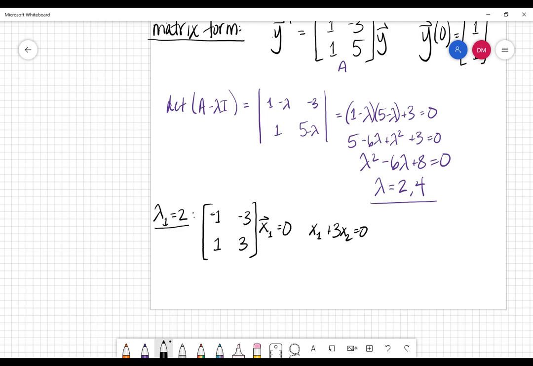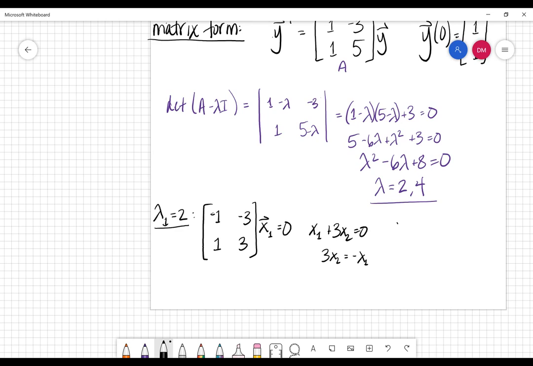So the little bit of guessing that I have to do here is just using this fact. It has to be true still, but basically 3 times x2 is going to equal a negative x1. So whatever you use to make that true, besides the 0 vector, okay? We don't want to use the 0 vector because obviously that doesn't really help us here. So x1 or x2 has to have some value, and it looks like we probably can't just make one of them 0 and work it out with that.